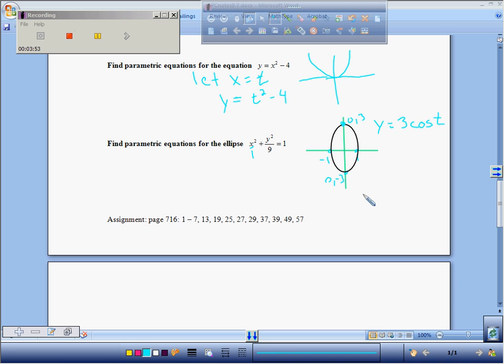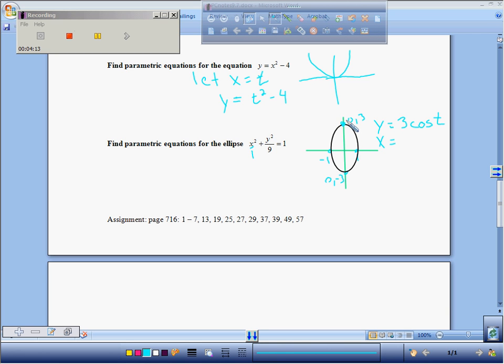The reason for that is, if I start at t equals 0, what's the cosine of 0? 1. And 3 times 1 would give me a y value of 3. You understand that? Okay? And then I want x to start off at 0, but I want x to go out only till 1, not until 3.